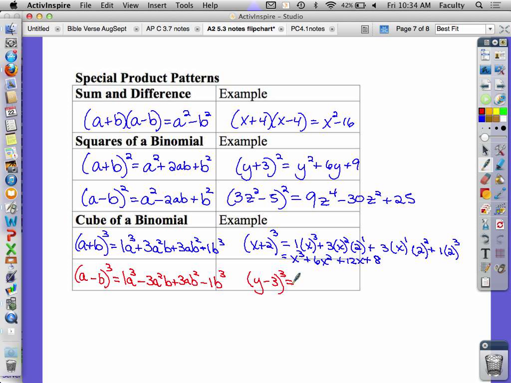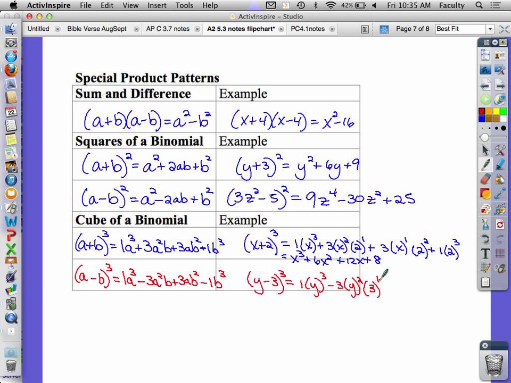If I have y minus 3, the quantity cubed, it's going to be 1 times the y cubed, and then all you have to do is the signs will alternate. But you're not going to put a negative 3 in. You're going to put a 3 if we just make the signs alternate. So it's minus 3y is being squared times 3 to the first.